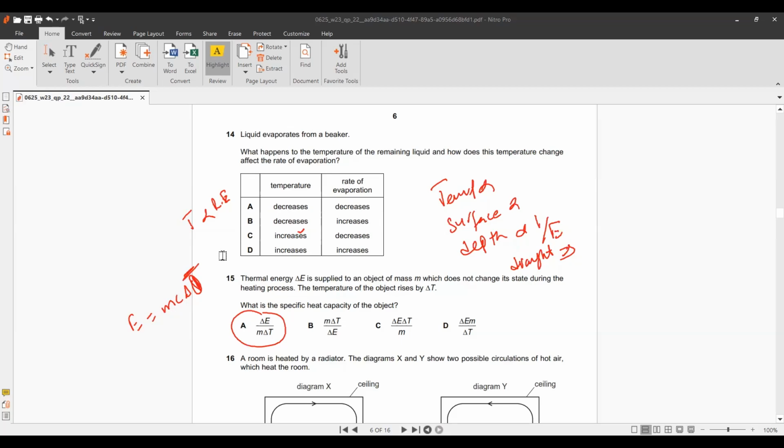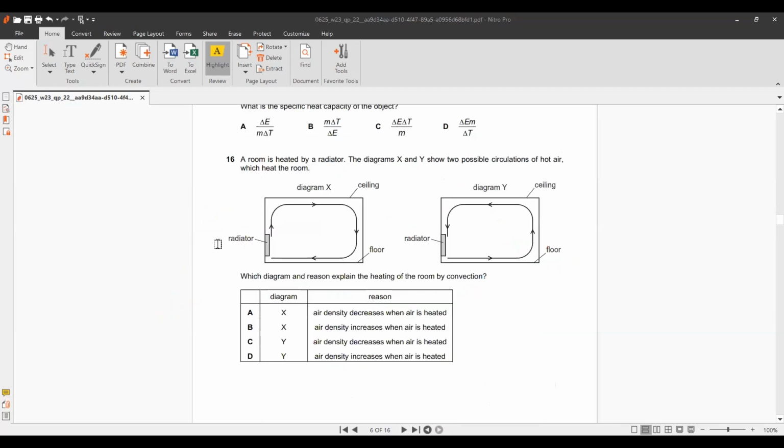Next question is radiator. A room is heated by a radiator. The diagram X and Y show two possible circulation of hot air. What would be the right option?